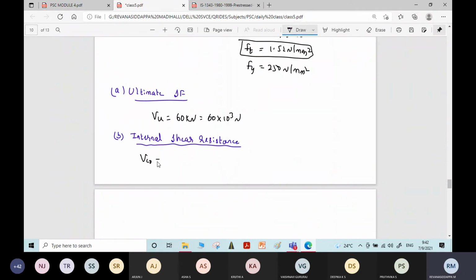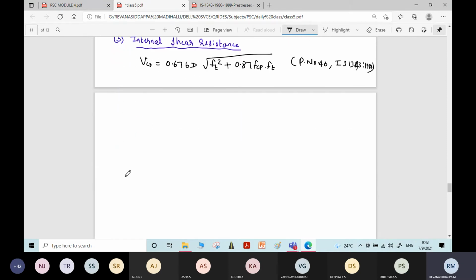We have the formula Vc naught is equal to 0.67 b D root of Ft square plus 0.87 FCP into Ft, page number 46, IS 1343:1980. Okay, everything is given, now just substitute and get the internal shear resistance.